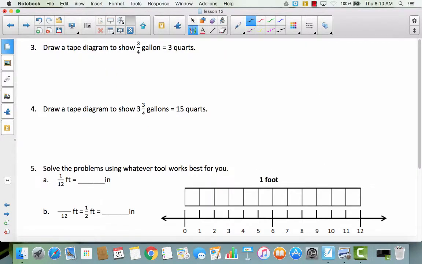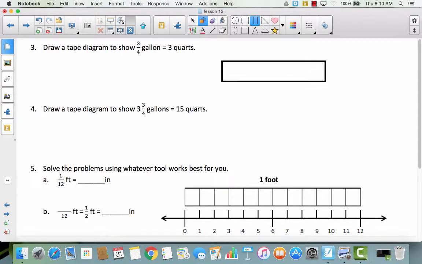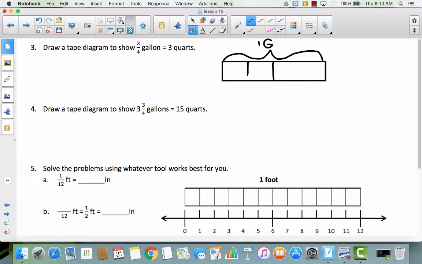Okay, now we're going to show how a tape diagram can model how 3/4 of a gallon is equal to 3 quarts. All right, so let's draw our tape diagram, and we will make this equal to 1 gallon. And if you will remember, there are 4 quarts in a gallon, so I'm going to divide this into 4 parts.